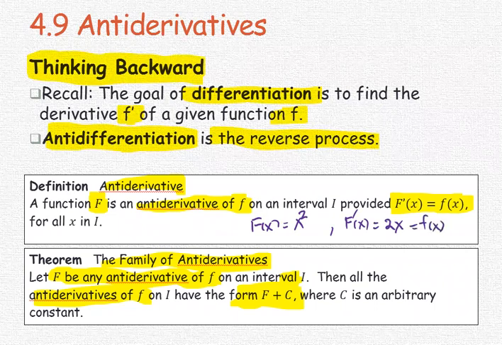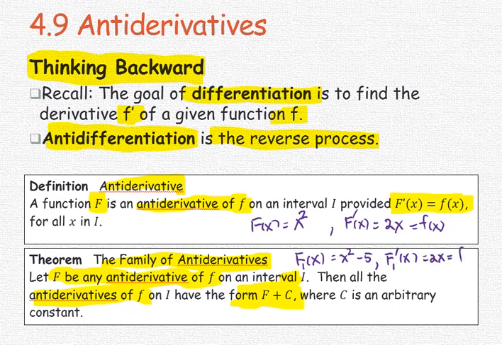For the theorem, if you have another function, capital F subscript 1 of x, which is x squared minus 5, the derivative F1 prime is still 2x, so it is still an antiderivative of the function f of x. So x squared and x squared minus 5 are antiderivatives of the same function.